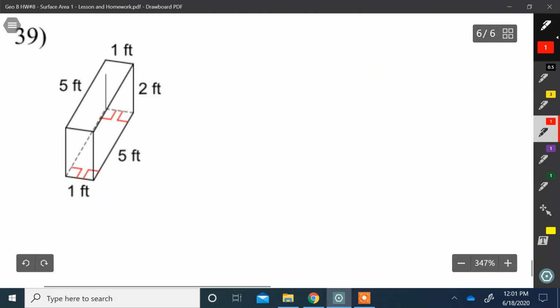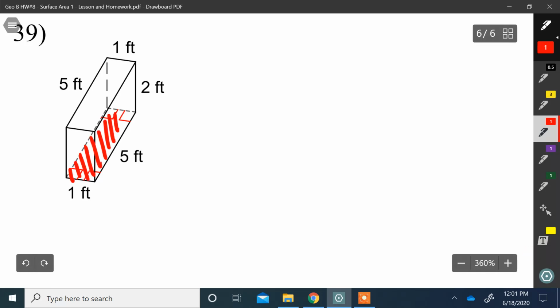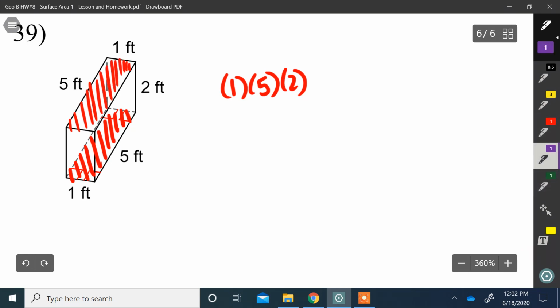And then finally, this one, we have, let's start with this, 1 times 5 times 2 of those, because we have top and bottom there. I'm gonna put a bunch of colors in this one.